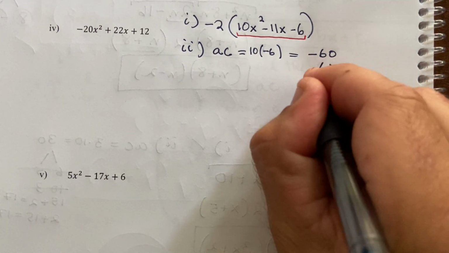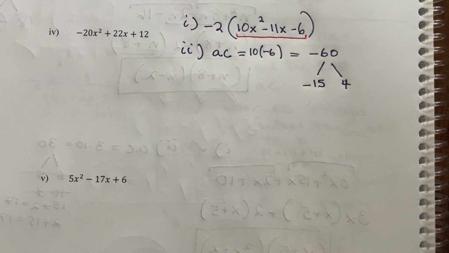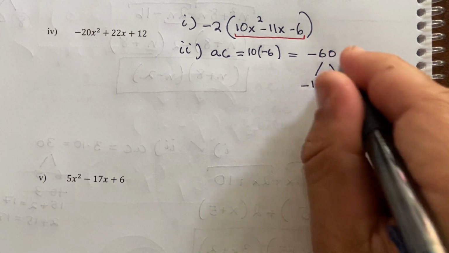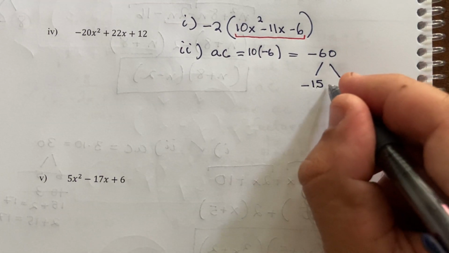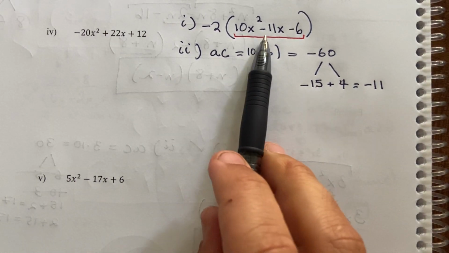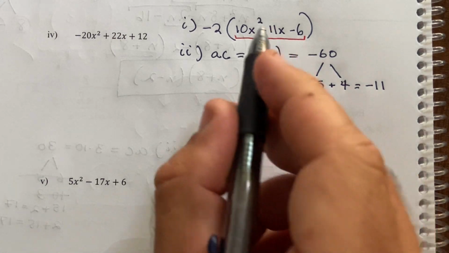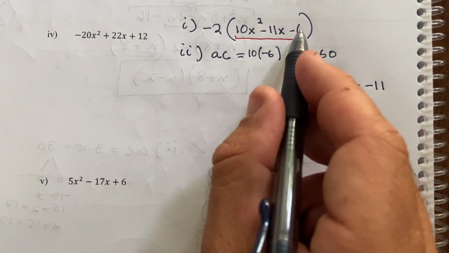So -15 and 4. I'm just jumping ahead to save time, right? So these do multiply to -60, and they also add up to -11. So that checks both boxes. So I'm going to rewrite this entirety.